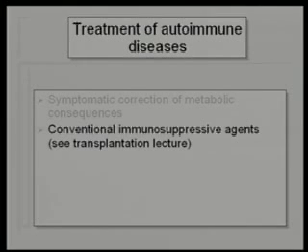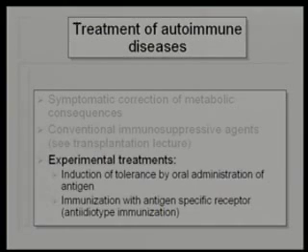The same immunosuppressive agents like methotrexate, azathioprine or prednisone are used in autoimmune disease as well. Is there a cure for autoimmunity? No, there is none. People are developing some immunological approaches to control it, but at the moment there is no cure for autoimmune diseases.